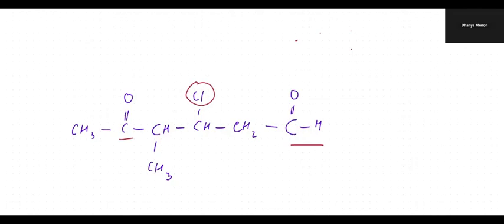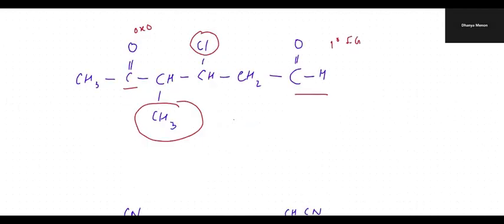So definitely the aldehyde is the primary functional group. So here ketone has become the substituent, so it is oxo. This is chloro. This is methyl. So what would be the name?